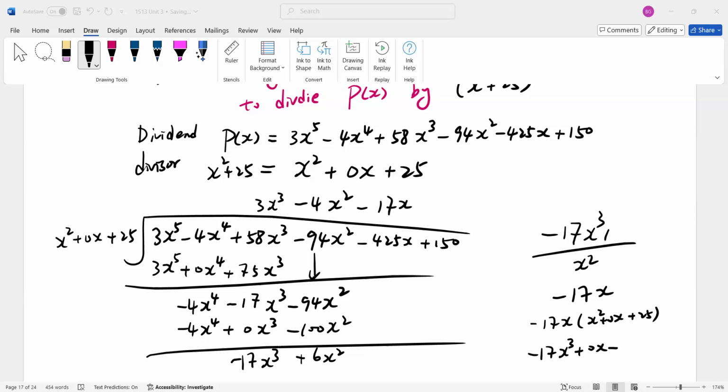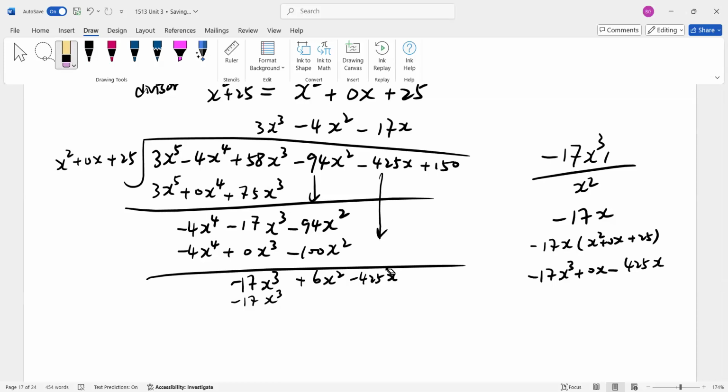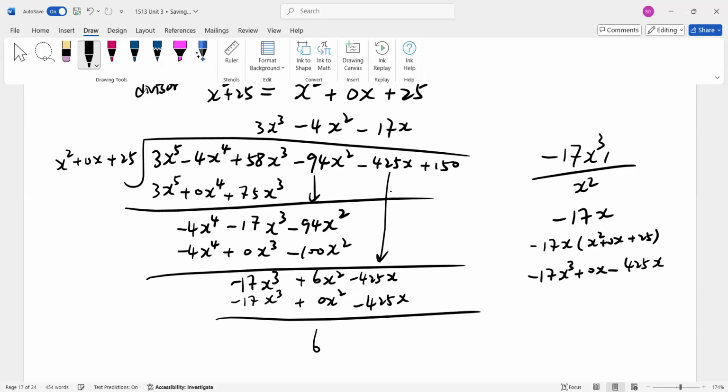We have negative 17x cubed plus 0x squared minus, let's see, 17 times 25 is 425, negative 425x. Oh, okay, we have to bring this down, negative 425x. Then subtract, and we have 6x squared, here's a 0x, and then bring down this one, 150.